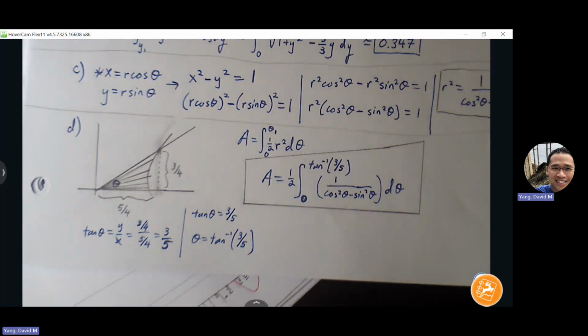The connection between theta and x and y is that tangent of theta is equal to y over x. So I can represent theta as inverse tangent of y over x. That's the way we have to connect to it, because we don't have a way to get to that angle otherwise.